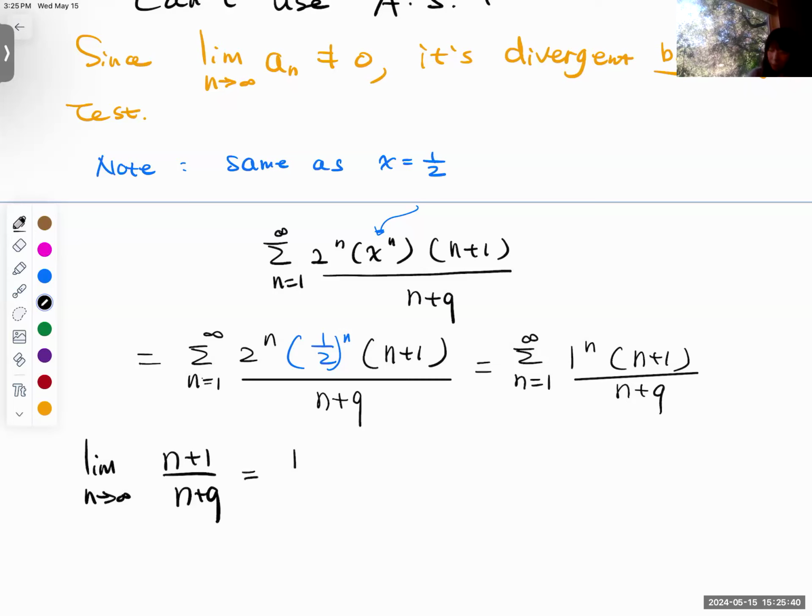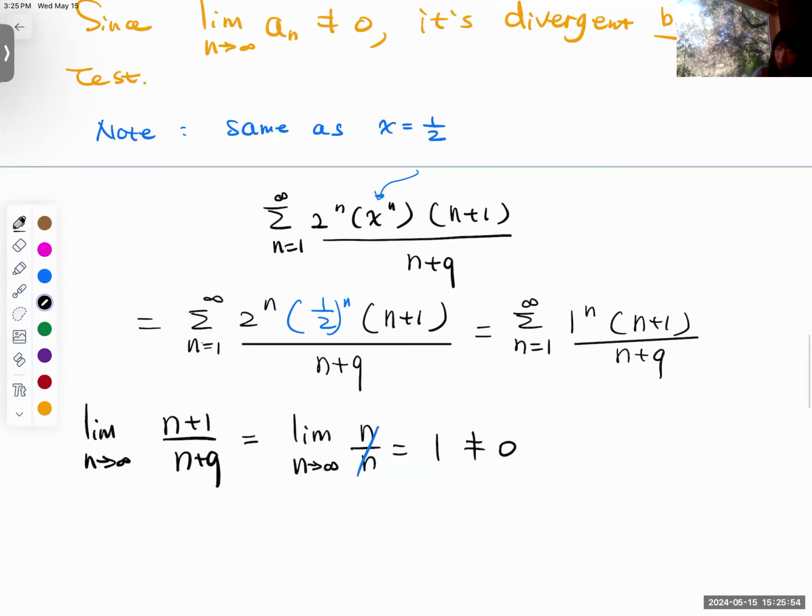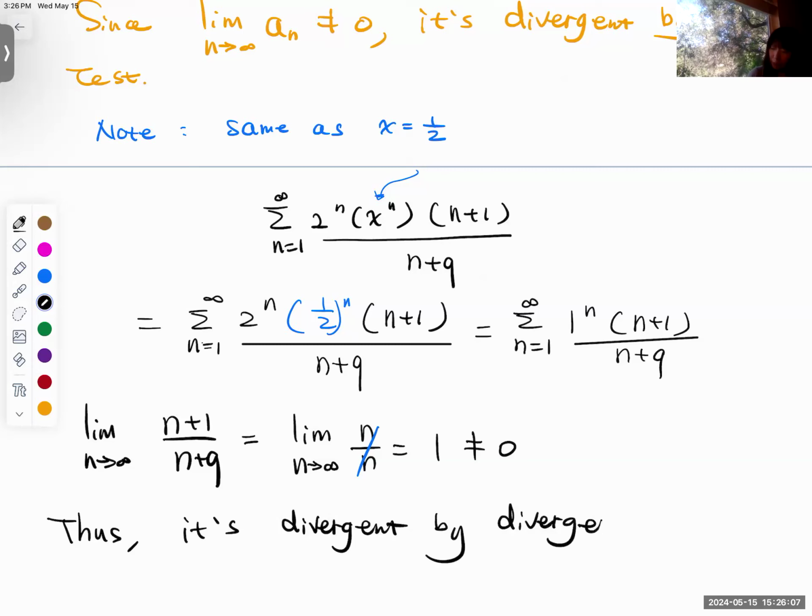We have the limit as n approaches positive infinity of n over n, which is 1. So it's not equal to 0, and thus it's divergent by the divergence test.